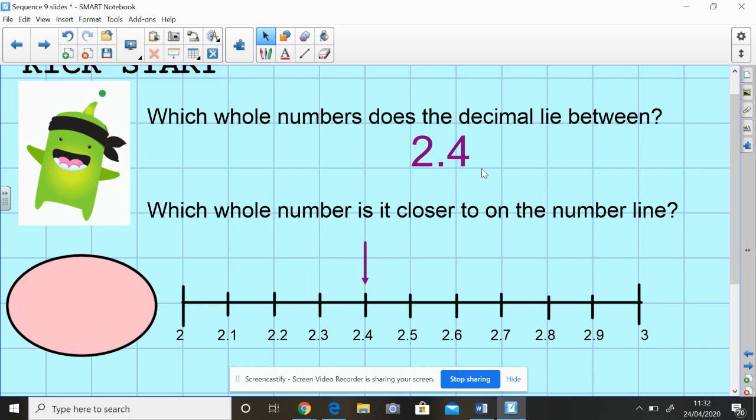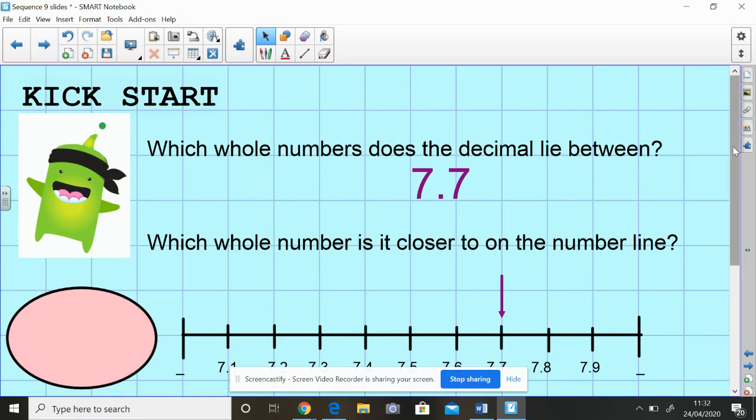From our decimal, we can see that the tenths number is 4. So does that mean you have to round the number up or down? We round it down. So if we round 2.4 down to the nearest whole number, we round it down to the number 2. And from our number line, we can see that 2.4 is definitely closer to 2 than it is to 3.